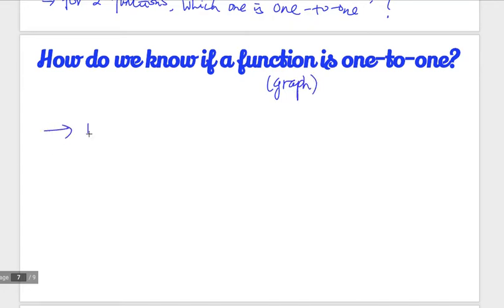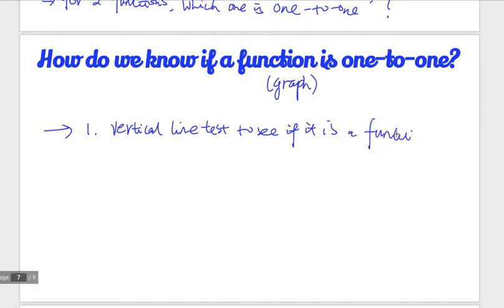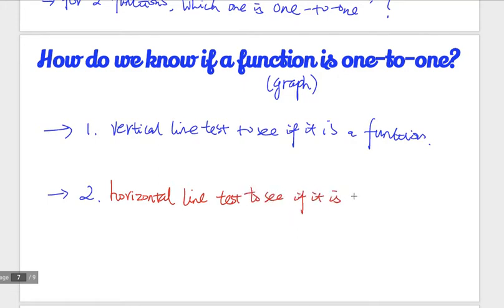Step one, we use the vertical line test to see if it is a function, because we are talking about one-to-one functions, so the first thing has to be a function. Then we use the horizontal line test. Yes, this time I'm going to draw horizontal lines to see if it is one-to-one.